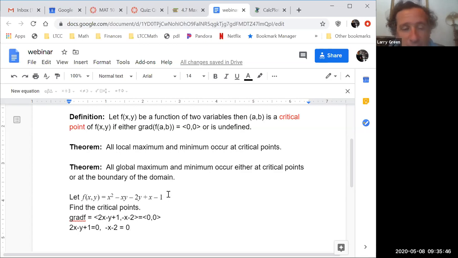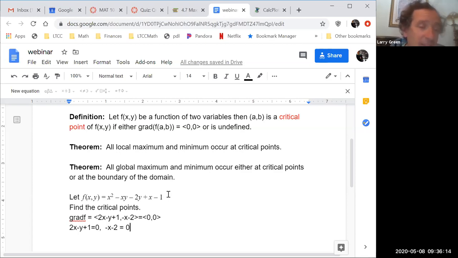There's no x or y that's going to cause problems with 2x minus y plus 1 or negative x minus 2. But you should always check that, because sometimes the gradient is undefined, and then you have to find those points. Typically that happens if you have a denominator, and then you set the denominator to 0. It could also happen with logarithms or square roots. But this is an example where it isn't. Any questions so far?